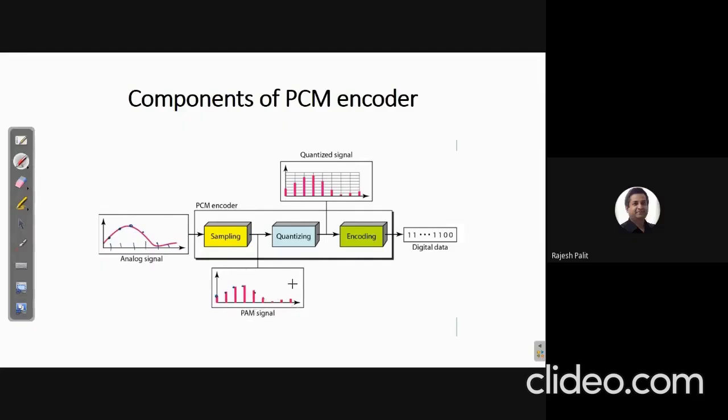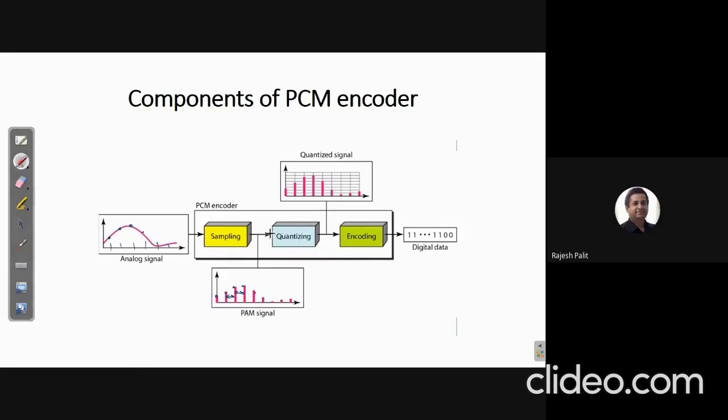That is called sampling. Now, what will be the rate of sampling? That is, what will be the interval of taking samples? How often we take the samples, or what will be the frequency of taking samples, we will discuss in a while.